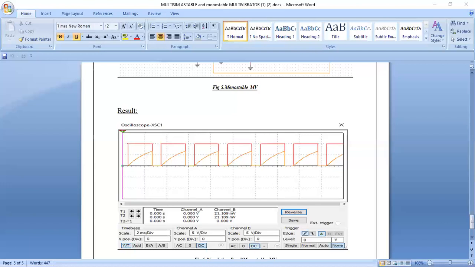Now make a connection from the control voltage to the ground. Similarly, a connection should be made between the threshold pin and the diode end, to be connected to channel B, and the output pin is as usual connected to channel A.